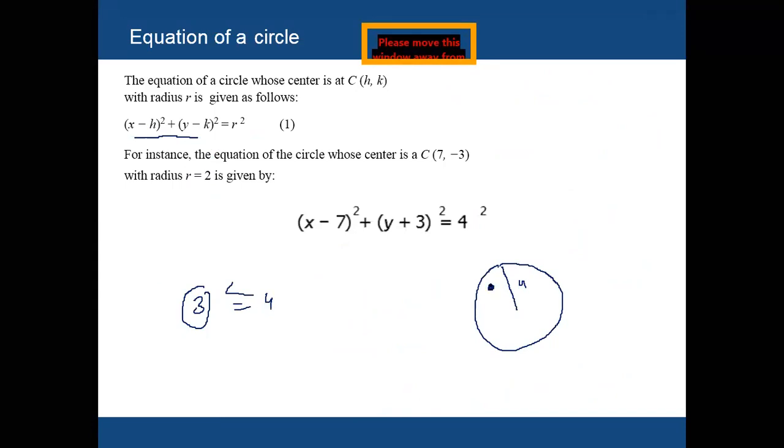But if you replace x, y with any two values, and the equation gives 10 and the other side is 4, this means that 10 is greater. This shows that points are outside the circle because this distance is greater than the radius. But 3 is less than the radius. Radius is 4. If both are equal, 4 equal to 4, then these lie on the circumference of a circle. Clear? Yes, sir. Thank you.